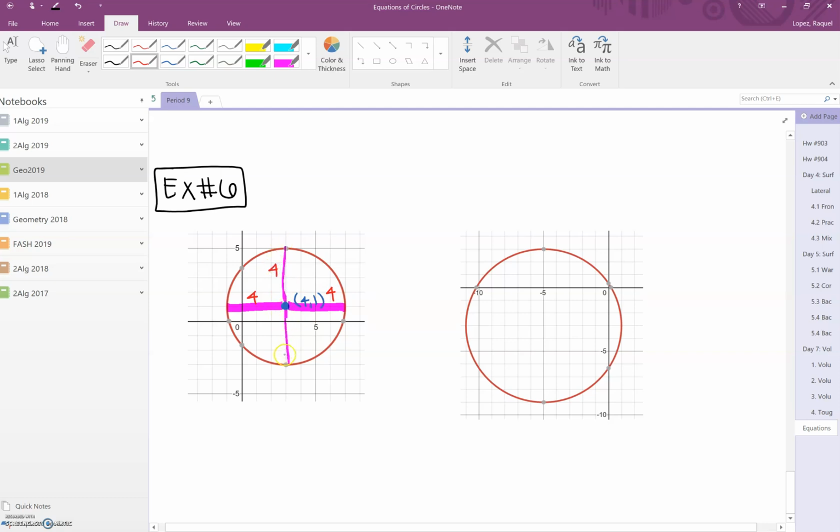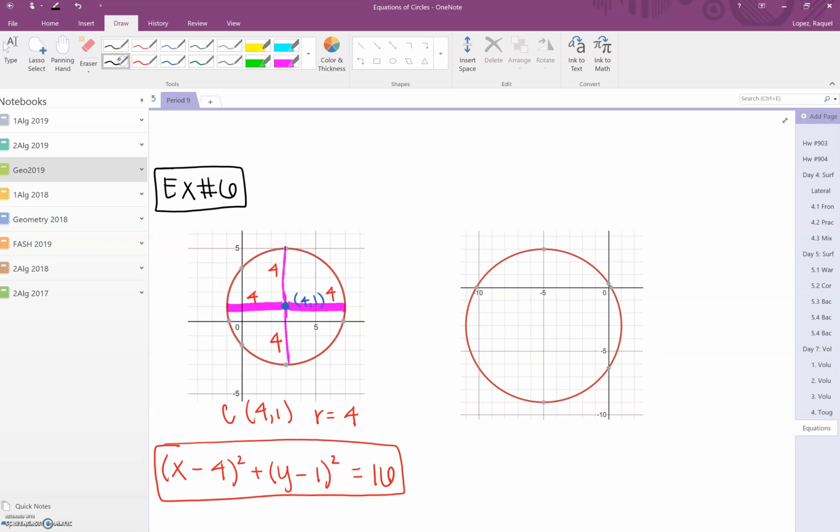And then 1, 2, 3, 4 units down. So I can see that the center of this circle is at 4, 1, and the radius is 4. So if I'm plugging it into my equation, we're going to write x minus 4 squared plus y minus 1 squared equals 16, because 4 squared is 16.